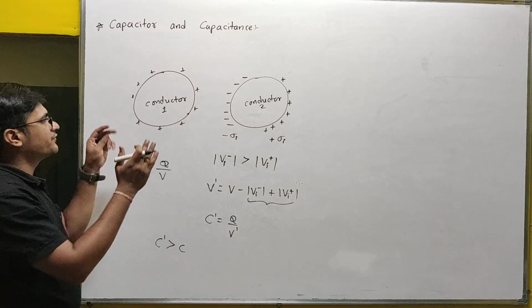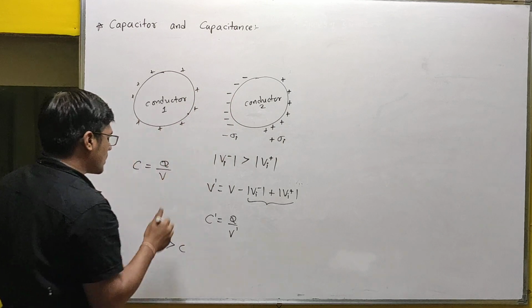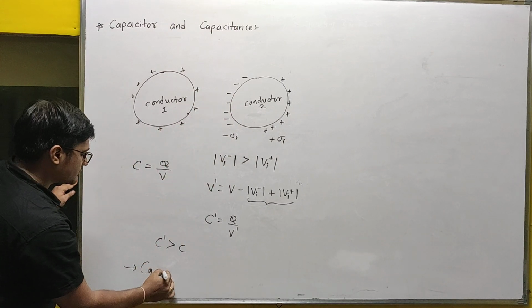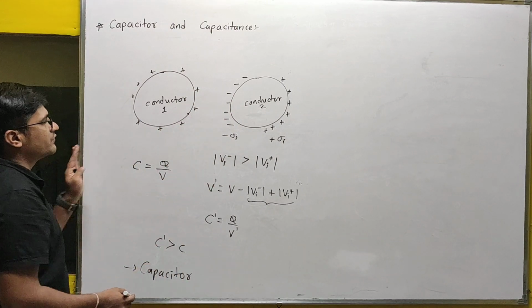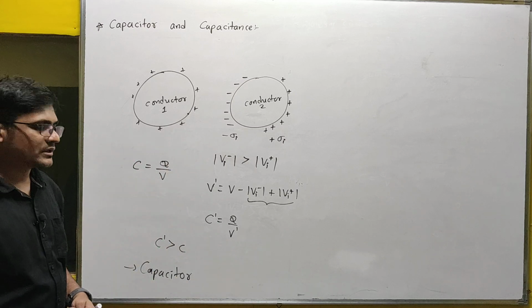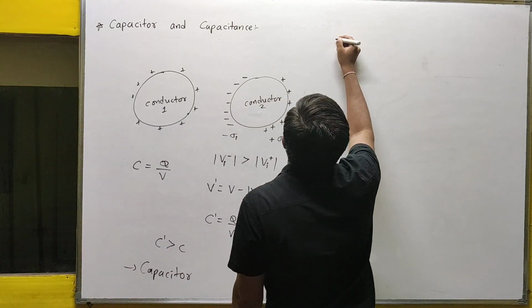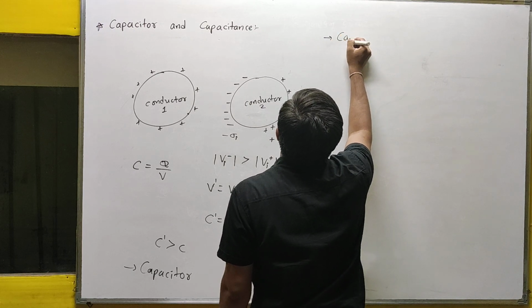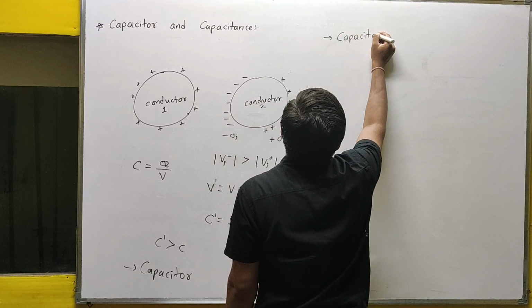So this system of two conductors is called what? Capacitor. Now we will measure the capacitance of this system of conductors.